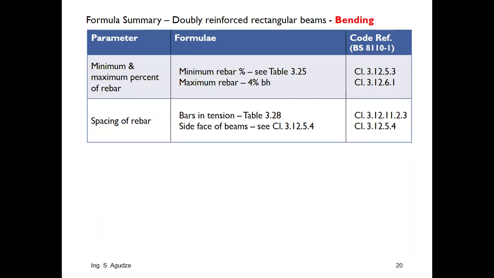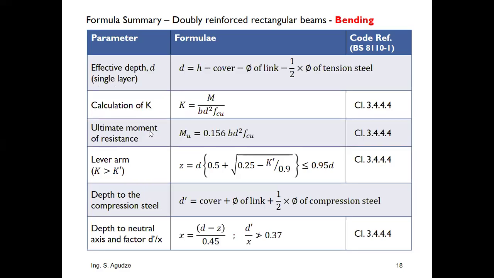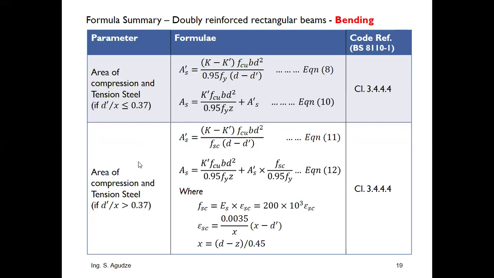Okay, so this table seems to give a summary of the formulas that will be required in the design of doubly reinforced sections. Is that okay? So you can take a snapshot of this particular screen, since we'll be using it to do our design, right? So take a snapshot of this one too.